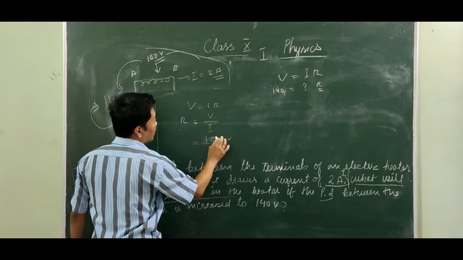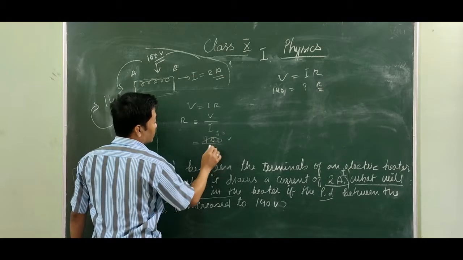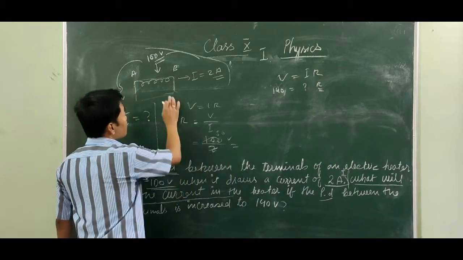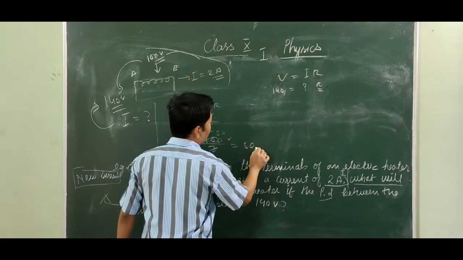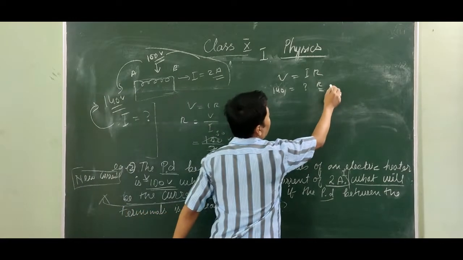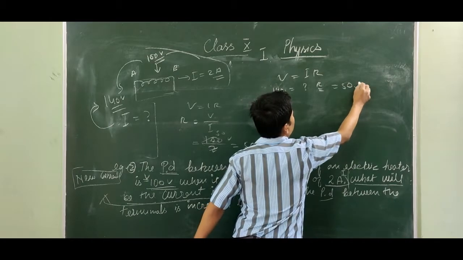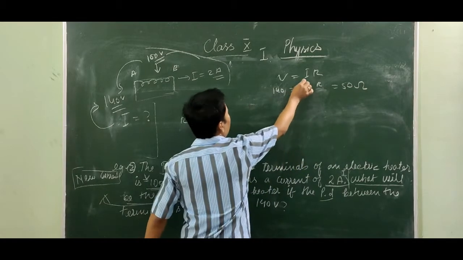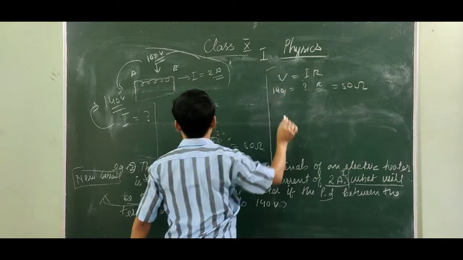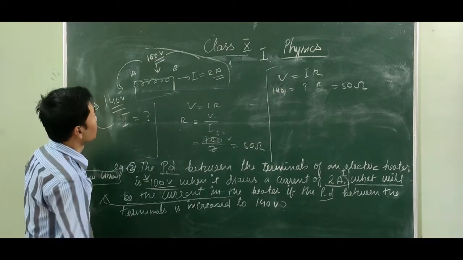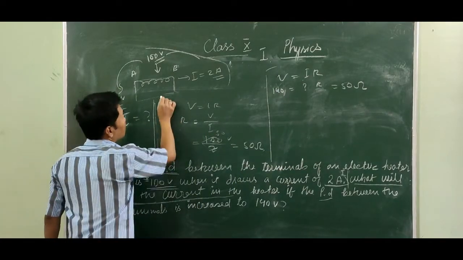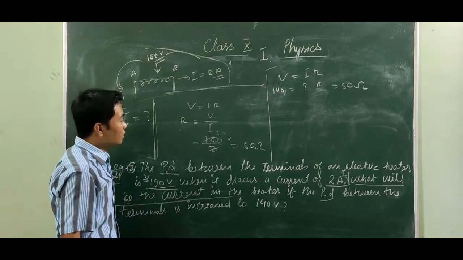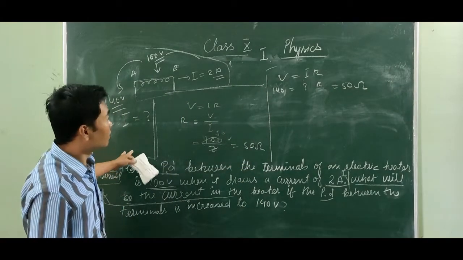If I divide it, I'll get 50. So the resistance of this electric heater is 50 ohm. Now I have R equal to 50 ohm, and now I can find out I. Understand? So I can find the new current.